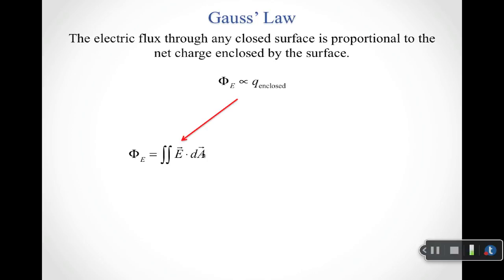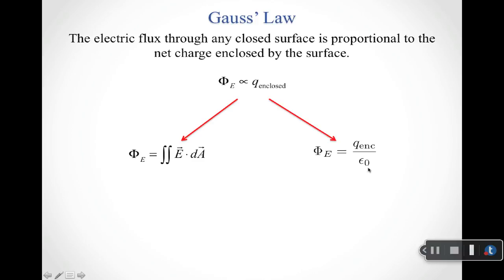When we have a constant field and a flat surface, this just becomes E dot A. But either way, that's one way that we can calculate the electric flux. But Gauss's law says you've got a second choice to calculate the electric flux. You can calculate it by basically just counting up the charge enclosed within your surface and then dividing by the permittivity of free space, which we've seen before.